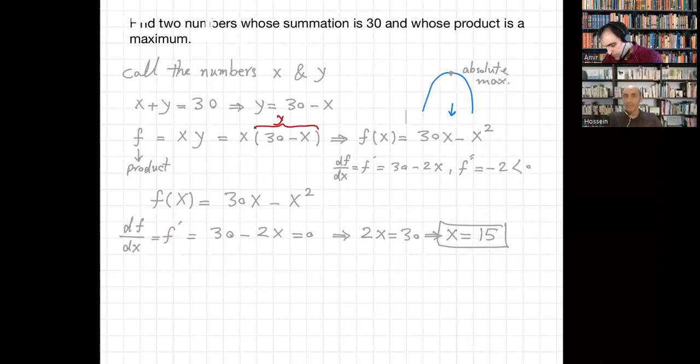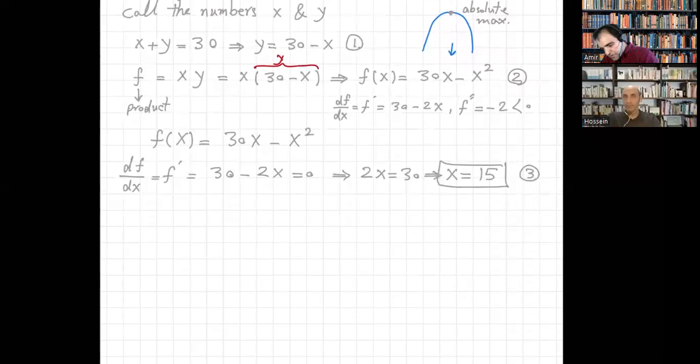So we obtained x, and based on, let me call this equation number 1, I call this number 2, and this one 3. Based on 1 and 3, I have y equals 15 as well.